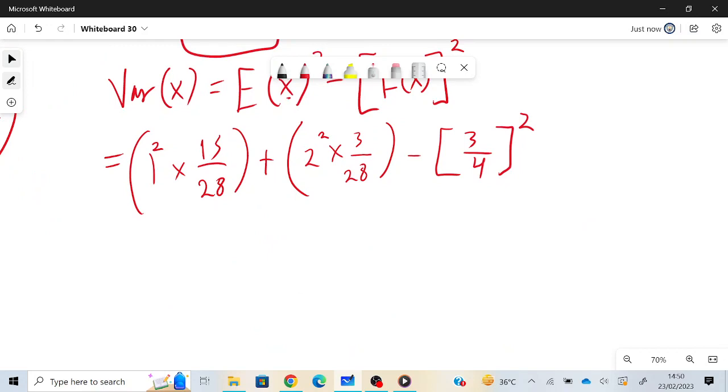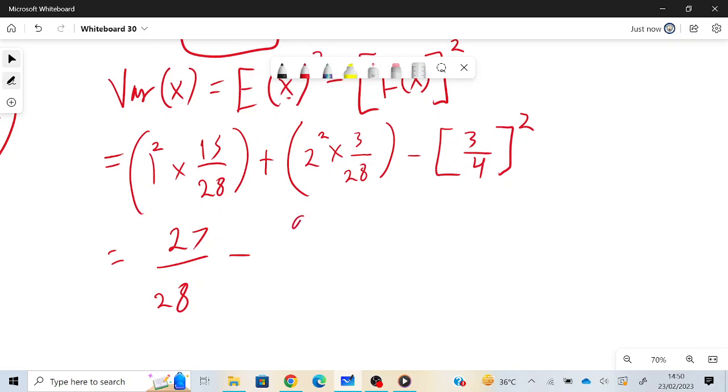So putting this in your calculator, be careful when you are inputting the values, make sure you don't make any mistakes. This part over here gives me 27 over 28 minus 3 over 4 squared, so 3 over 4 times 3 over 4.